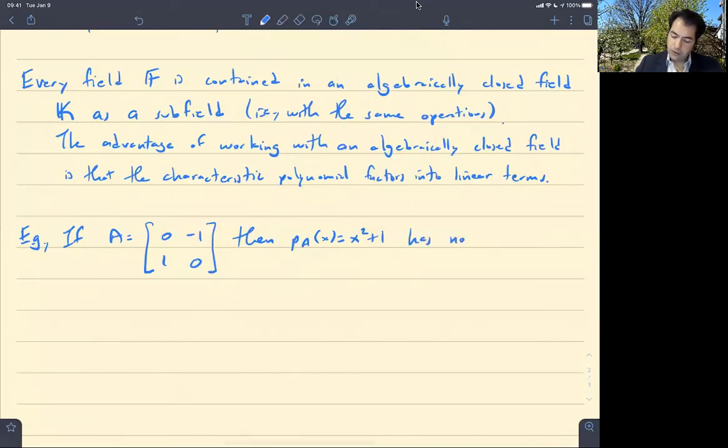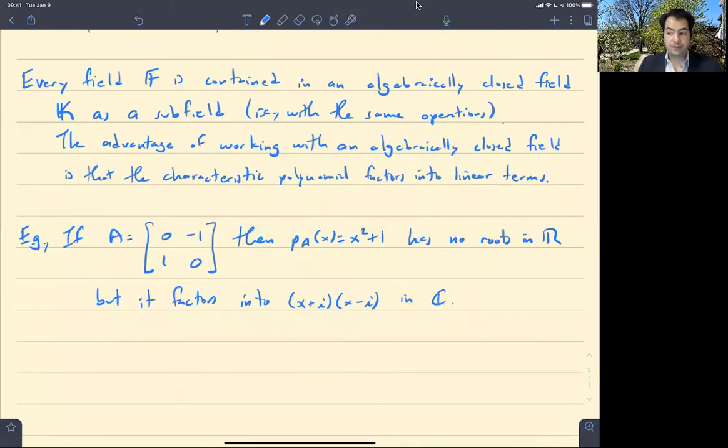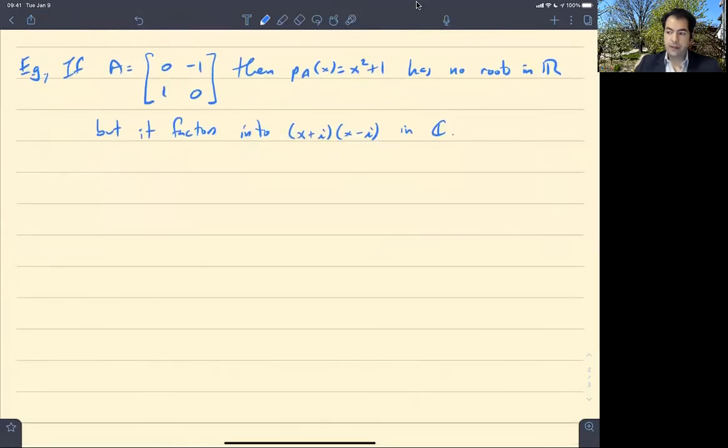This has no roots in the real numbers, but it factors into x plus i times x minus i in the complex numbers. Okay.